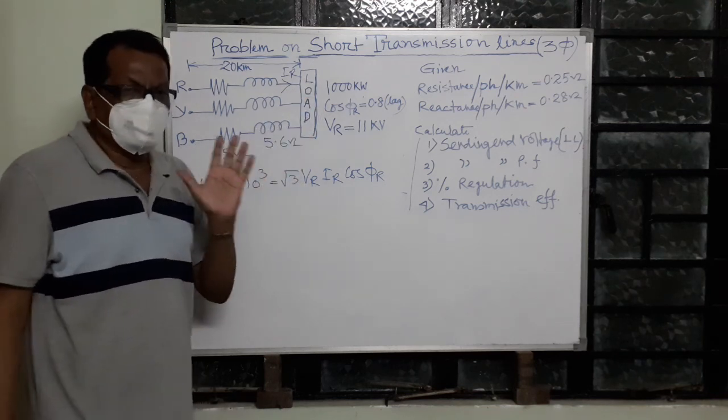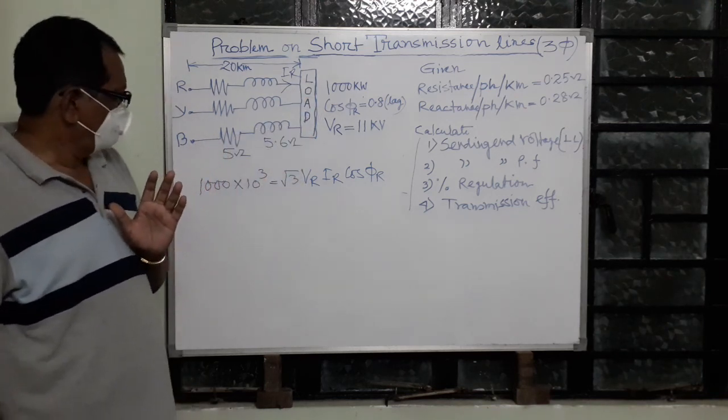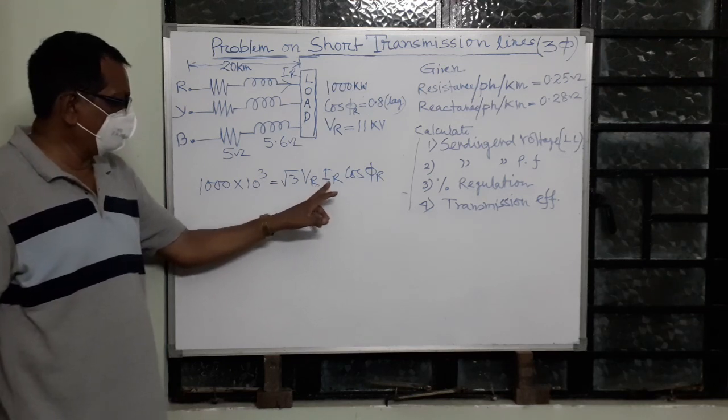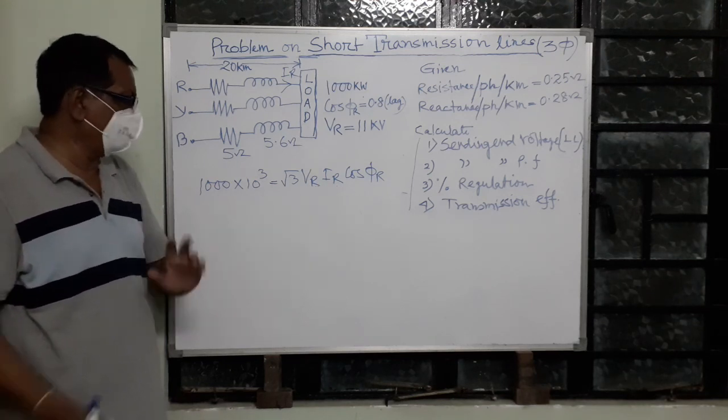Taking the load as star connected, the line current and phase current are equal.